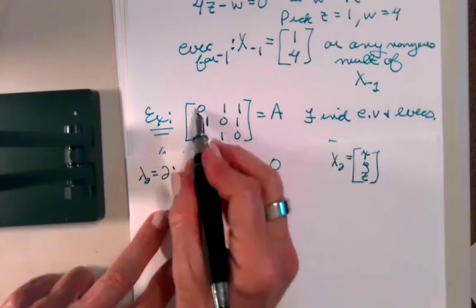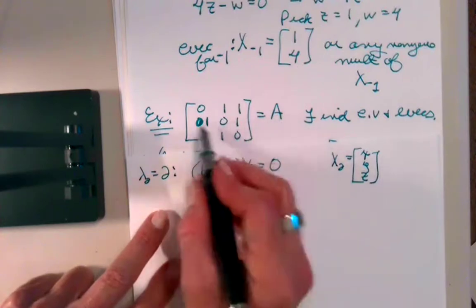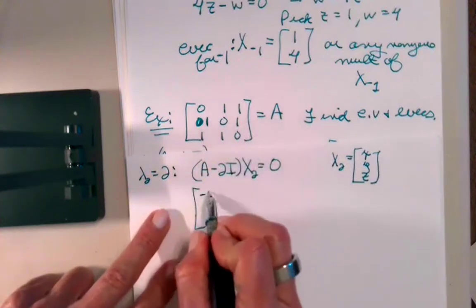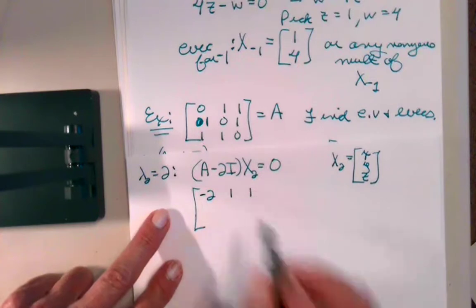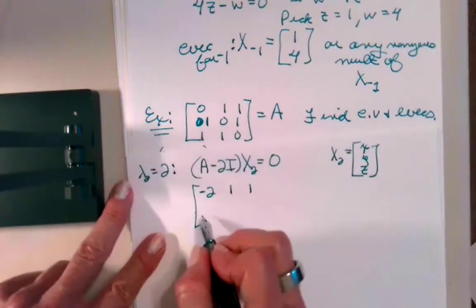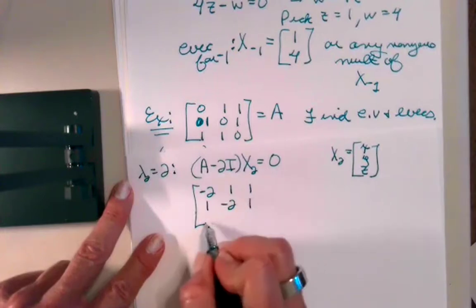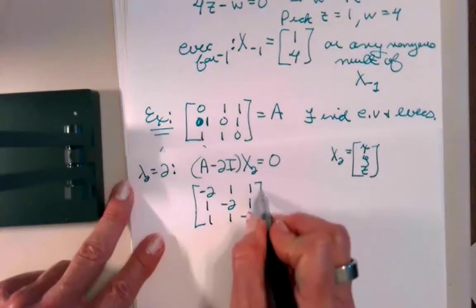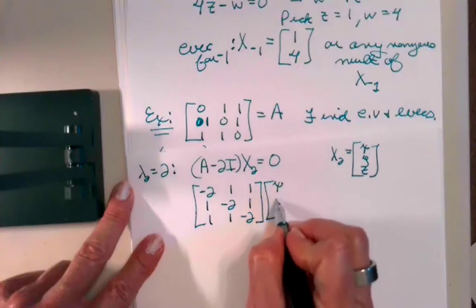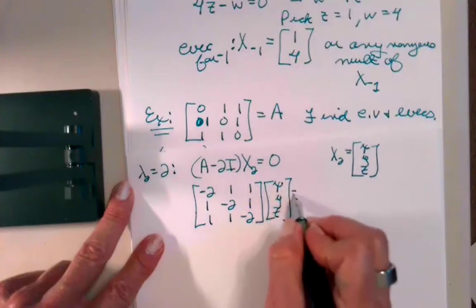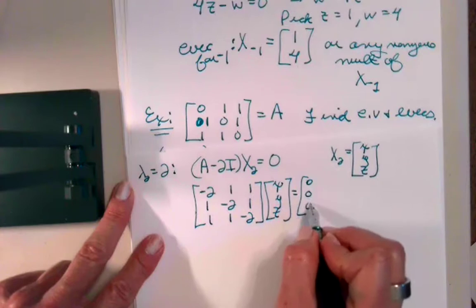Okay. So when I subtract 2 times the identity from this matrix A, I get minus 2, 1, 1. And let me just make sure it was plus 2. Yes, it was. Okay. And then that's 1, minus 2, 1, 1, 1, minus 2 times x, y, z is equal to 0, 0, 0.